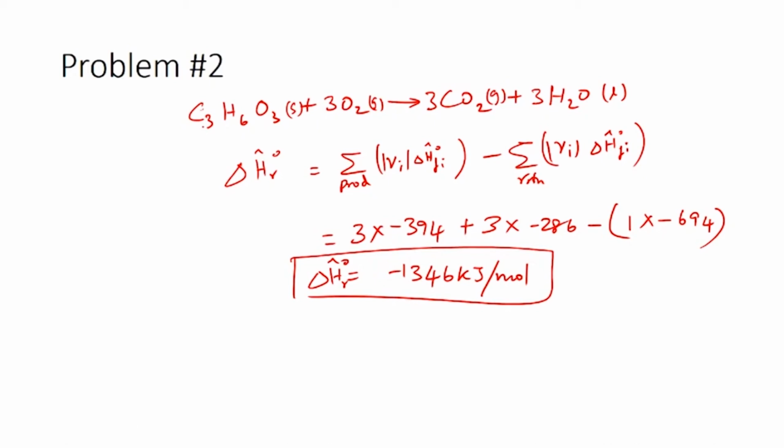In case we have water vapor as the product, what would be the heat of combustion? Let us try to calculate that as well. If we consider a reaction where water vapor is the product, you would have C3H6O3 plus 3O2 forming 3CO2 plus 3H2O, and here the water would be a vapor.